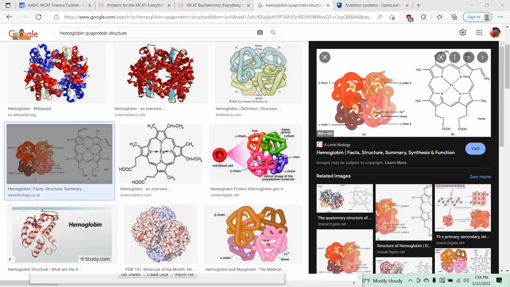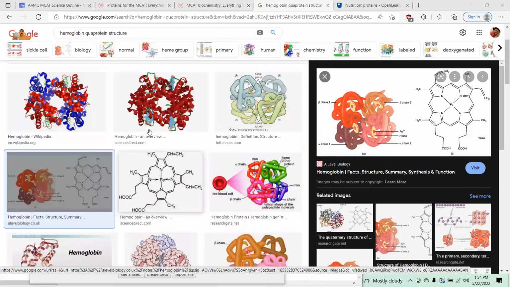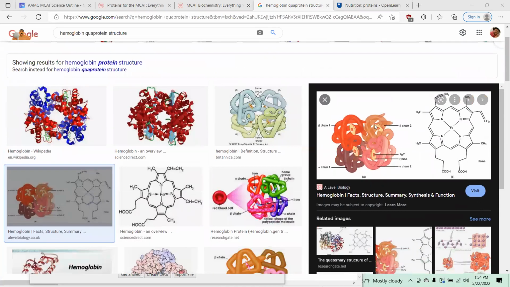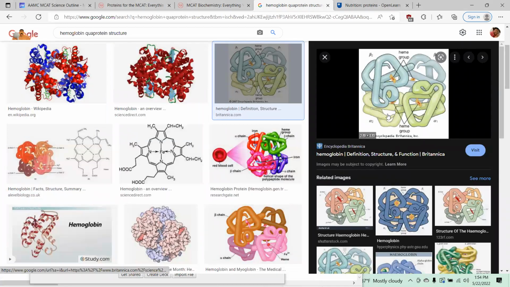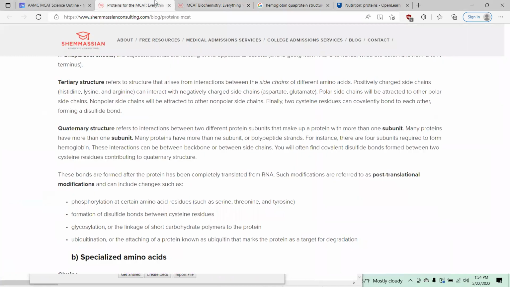I think the heme is the iron thing. I think they're just chains. I don't remember exactly what a heme is, but this is going to take a while to get through, so we'll come back to this.